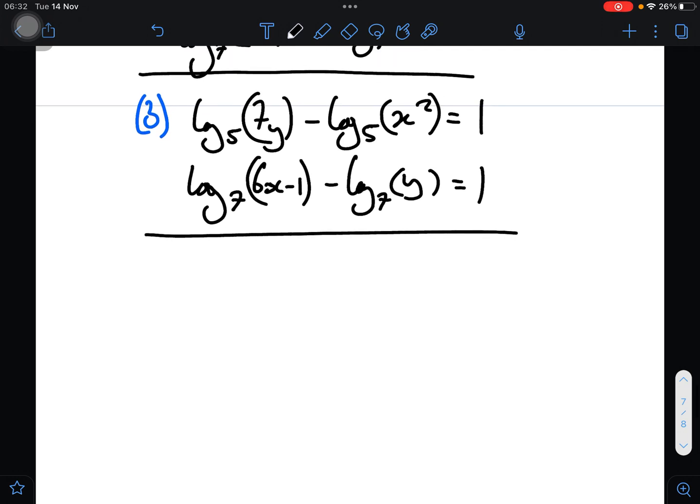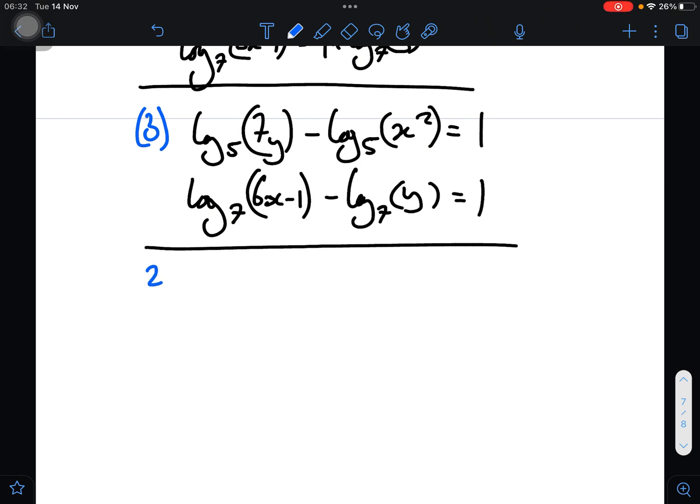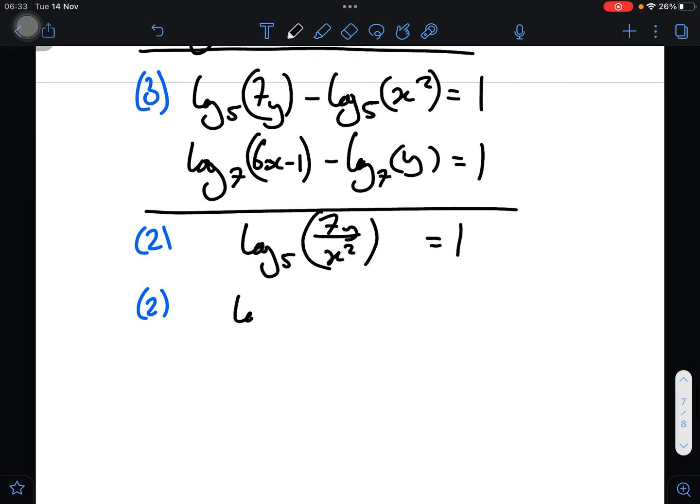Okay, so now we're going to use our rule 2's to put these all as one logarithm so that we can simplify further. So we get log 5 of 7y divided by x squared equals 1, and log 7 of 6x minus 1 over y equals 1.